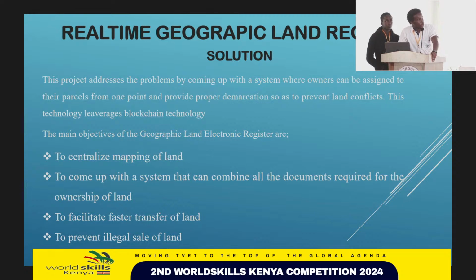Number two, a system that can combine all documents required for ownership of land. The system I've designed does not only show the map, but has room for entering unique documents like your name, title deed and ID number, that nobody else has, only you.